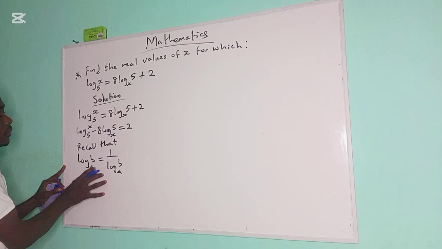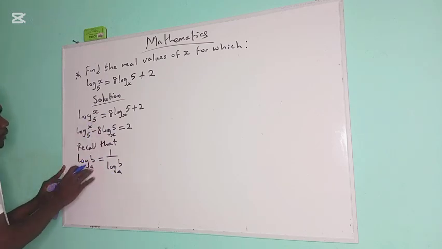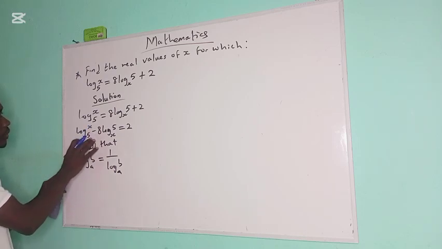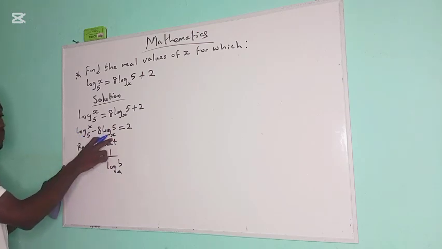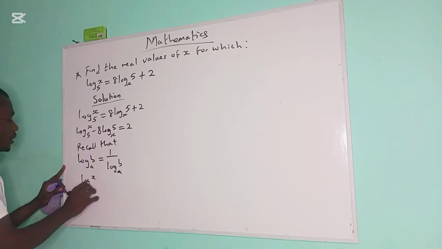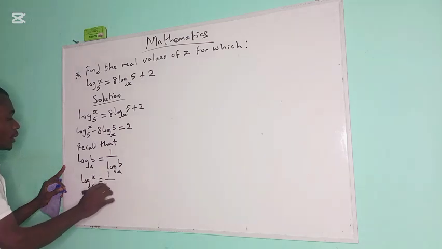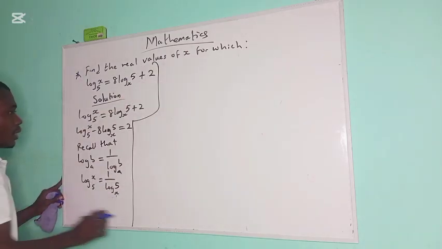So if you see something like this, that is what I'm going to apply here, because we want to achieve the same base. This is base 5, this is base x. We are not going to achieve that except we take it down to the same base. So log x base 5 is the same thing as 1 over log 5 base x, right? That is what we are going to approach.